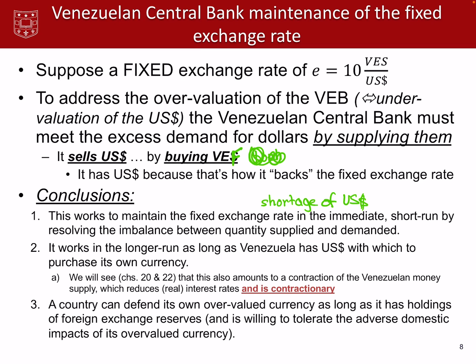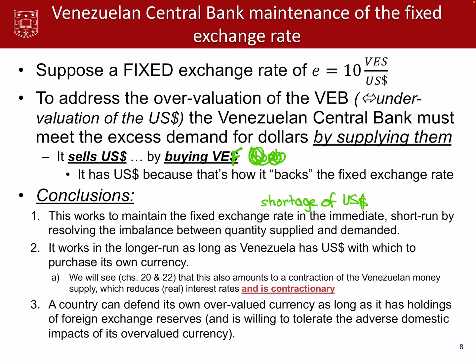That is, in present day terms, not something beneficial for Venezuela, and is something that is therefore providing tension for the country in terms of whether it focuses its attention on maintaining that fixed exchange rate or whether it instead addresses the domestic recession that's happening in its economy.